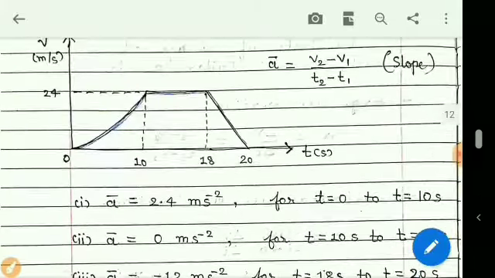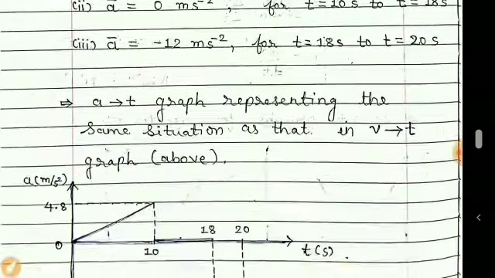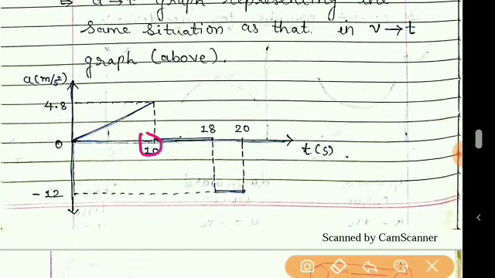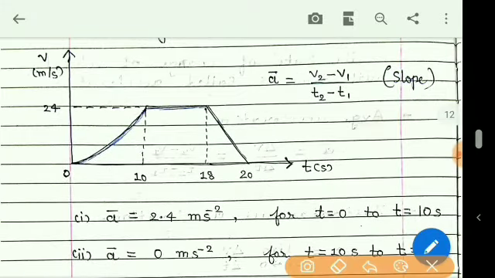As I said, velocity is constant, and so acceleration is 0 for this part, 10 to 18 seconds. Here also it is the same thing, you can see from here to here this line is along the 0 path, so it is 0. And you can see this last part from t equal to 18 to 20 seconds, it is a straight line, means acceleration is constant but negative.